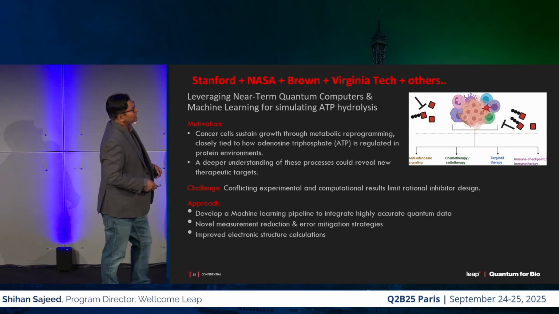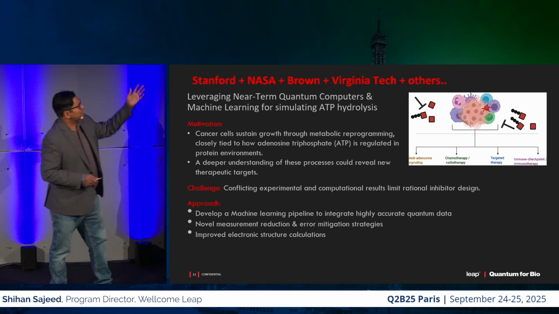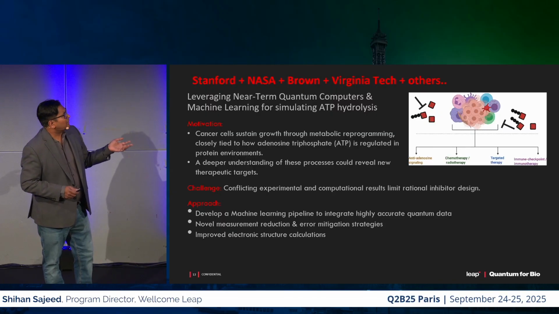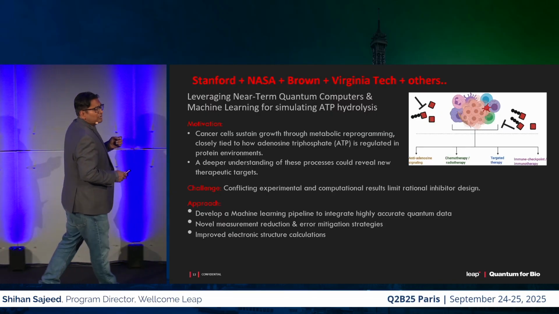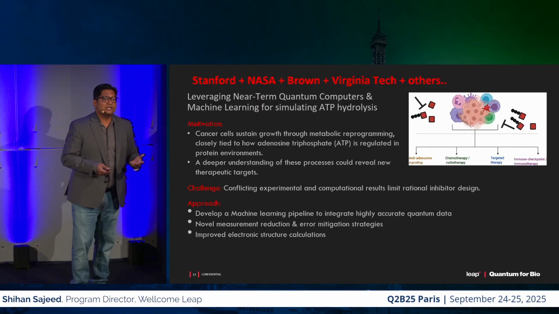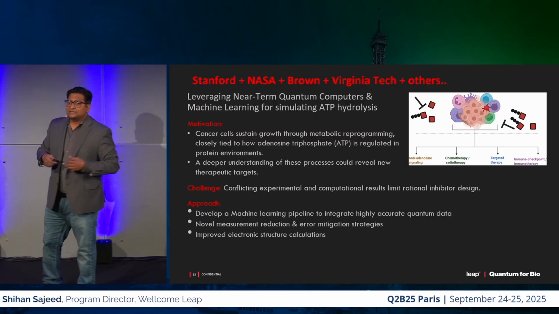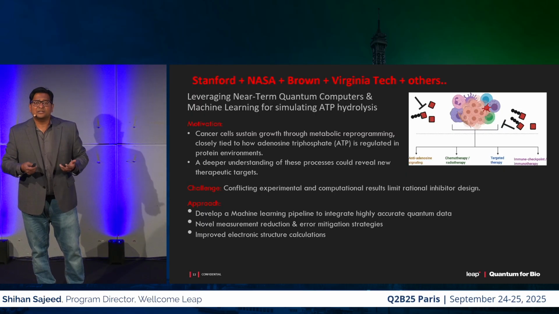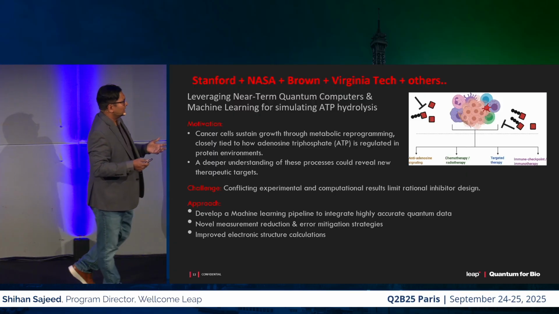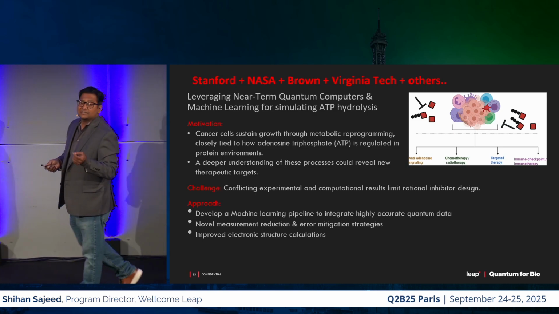Okay, let's go to the next one. Because of time, I'm not going to talk in detail about all the programs, but this is another performer of our program: Stanford, NASA, Brown, with others. Their goal is to leverage near-term quantum computing and machine learning to simulate ATP hydrolysis problems, right? It is known that cancer cells depend on ATP hydrolysis for their sustainable growth, and a deeper understanding of this would allow us to build therapeutic designs.